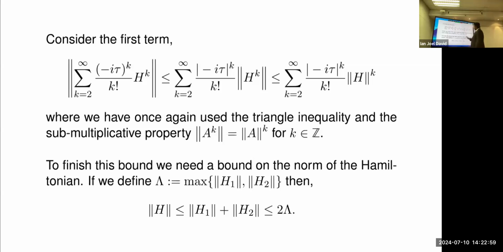Okay. We can also then use what we call the submultiplicative property.